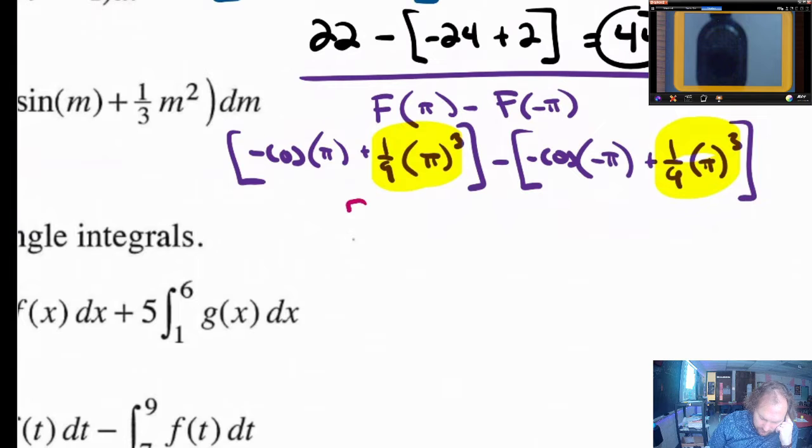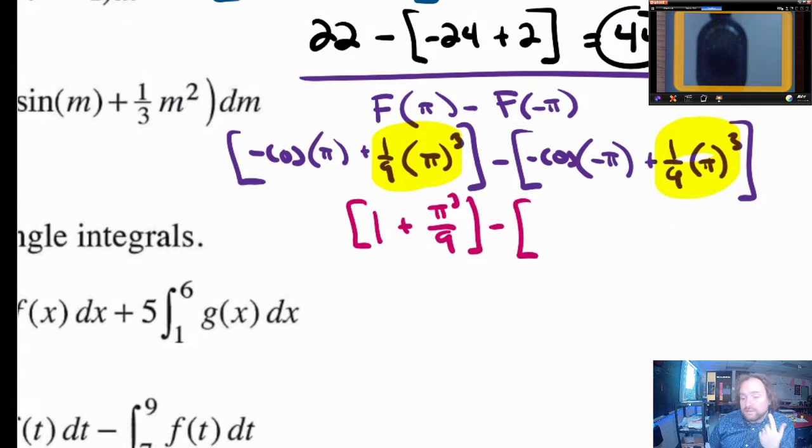In the first parenthesis, it's +1 plus pi to the third over 9. Minus the second parentheses. Negative pi is the same angle as positive pi on the unit circle. So this is the same thing. That is -1, so it's another 1. 1 plus pi to the third over 9. This should be 0.